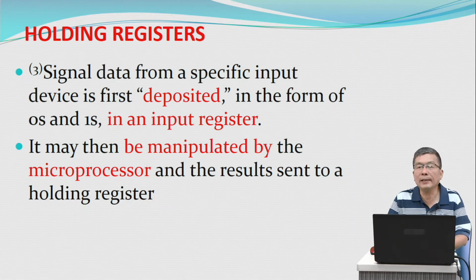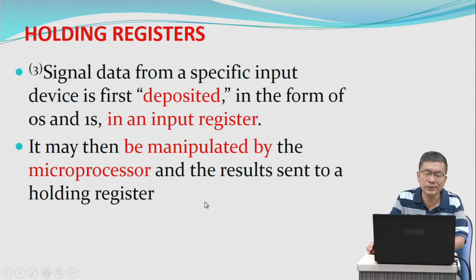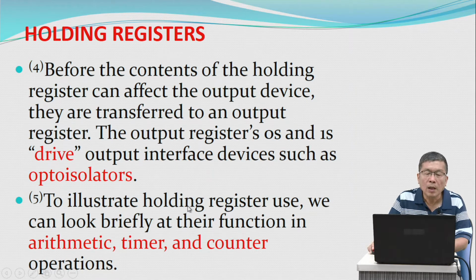It may then be manipulated by the microprocessor and the results sent to a holding register. Before the contents of the holding register can affect the output devices, they are transferred to an output register. The output registers, zeros and ones, drive output interface devices such as opto-isolators.